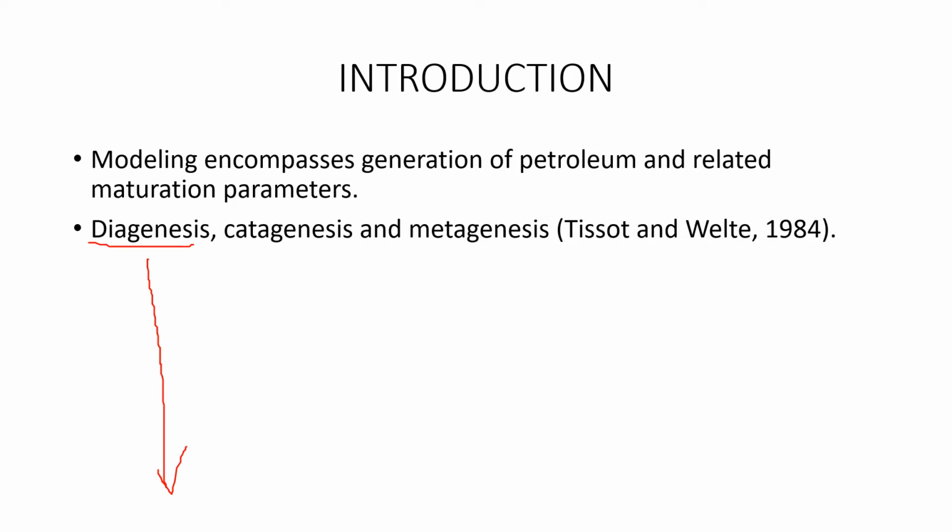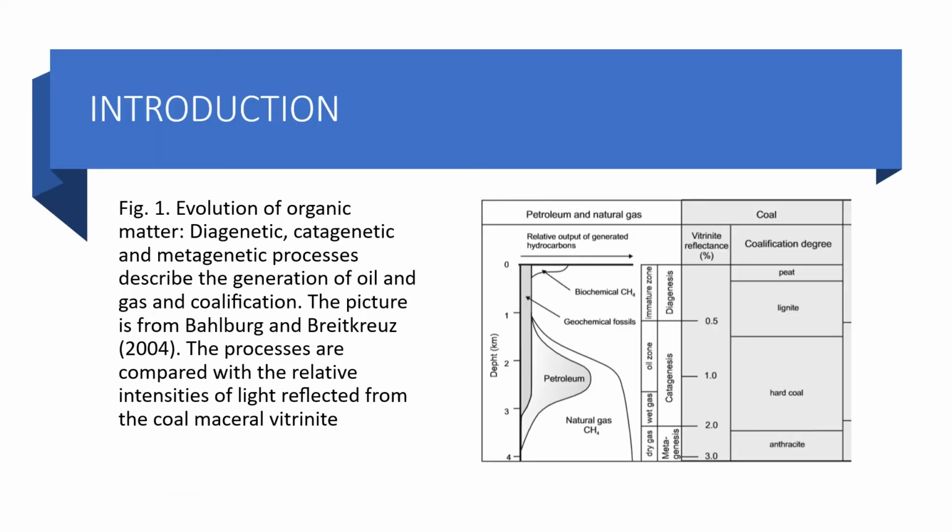So, the formation of petroleum and coal with typical depth and temperature intervals is shown in this diagram here. I've explained this once before, but I can explain it again. So, you have diagenesis in the shallow depth, and then you have catagenesis and metagenesis.